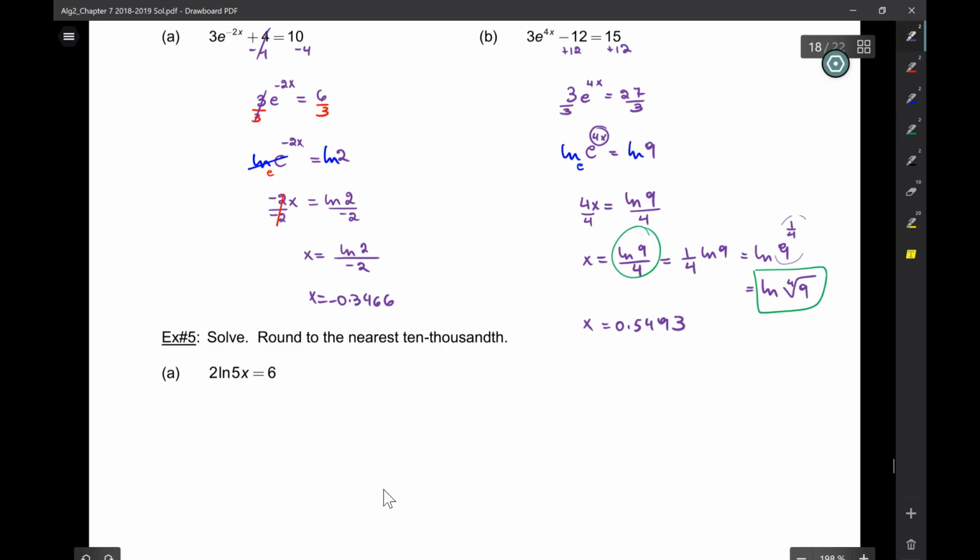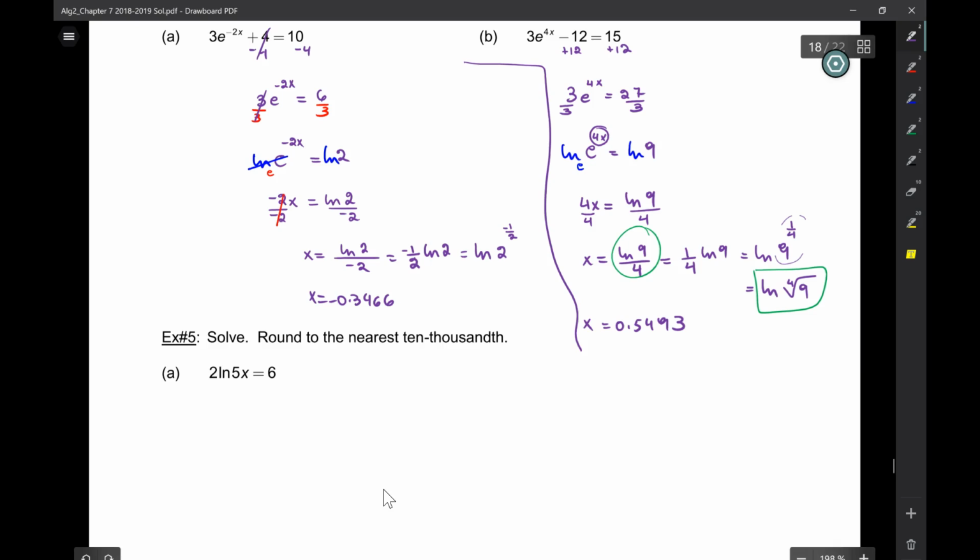How could we have written this in a different way? So let's see the reasoning behind it. So something divided by something, that's the same as negative 1 over 2 ln of 2, right? And so now I could write it as ln of 2 to the negative 1/2, right?